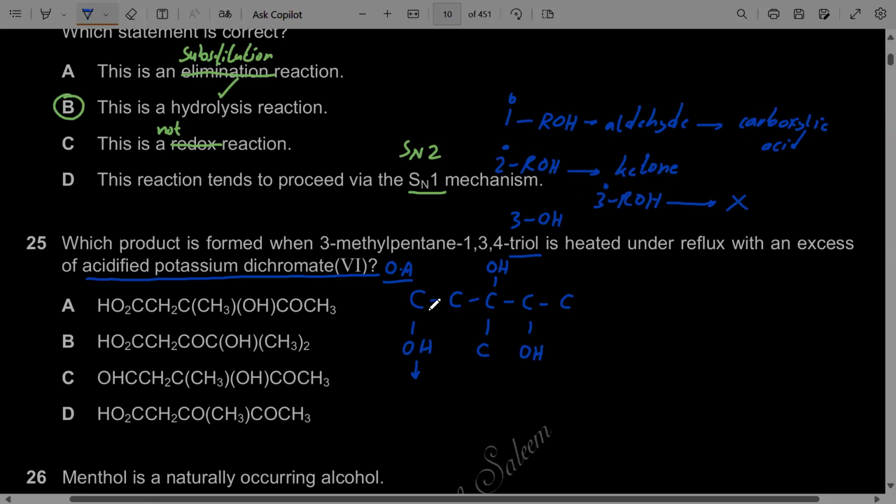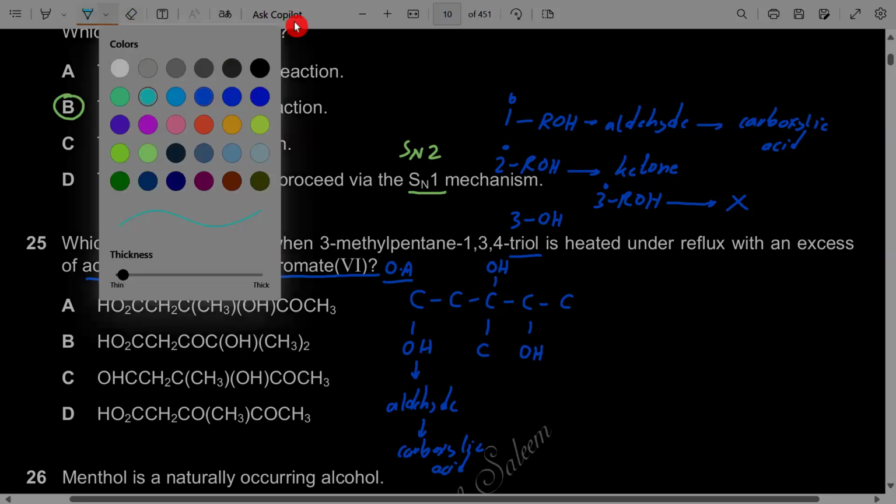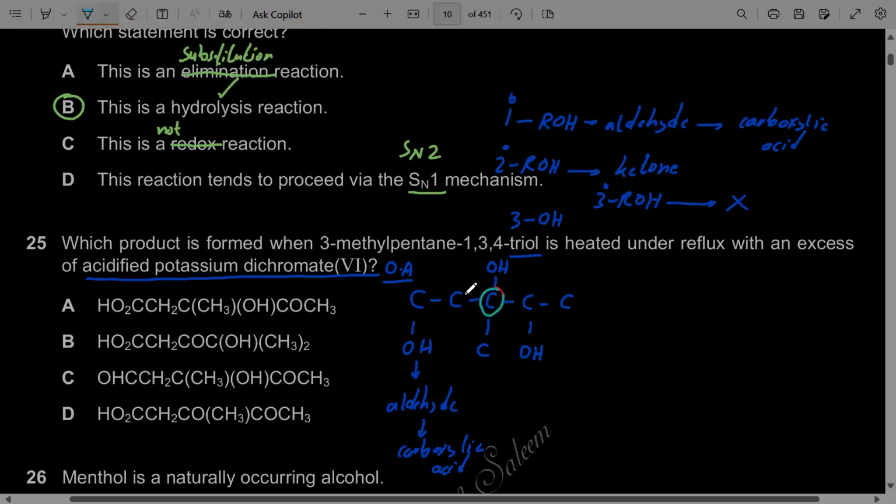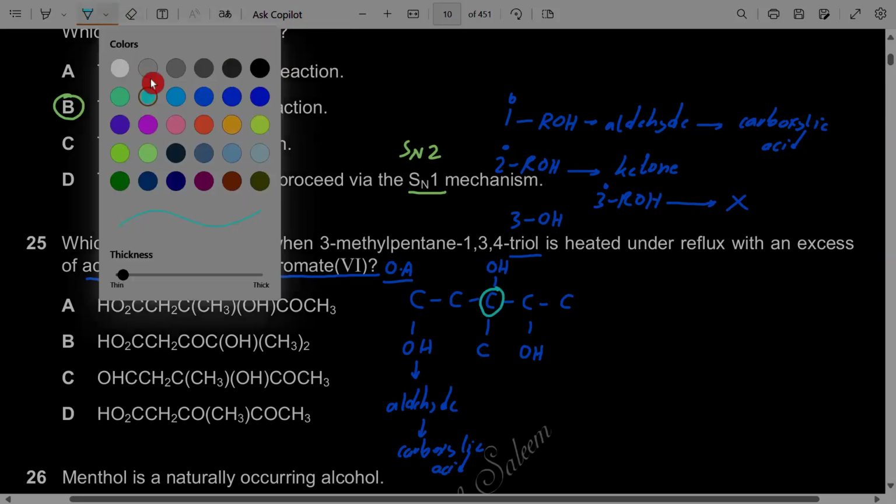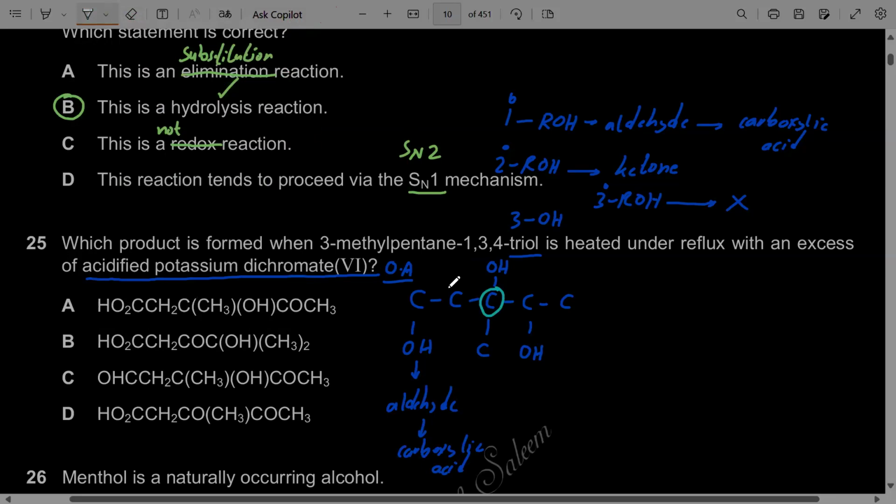Now the first carbon, if I say this is first carbon, yes, it is a first carbon, so it should be converted into the aldehyde and then into carboxylic acid. Now the carbon number 3 is basically that carbon which is bonded with 3 more carbon atoms, which means that this central carbon is the tertiary carbon.